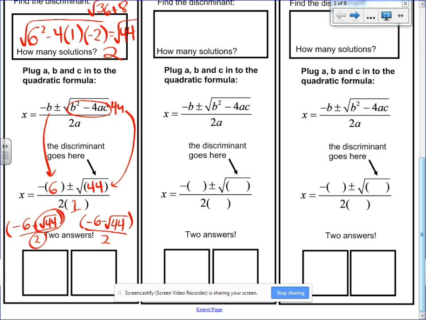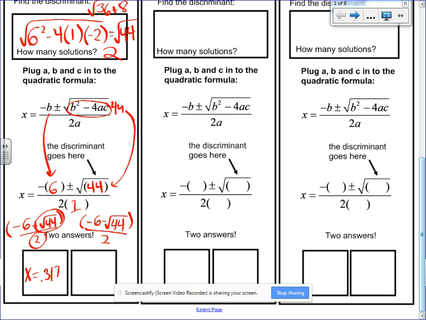So in your calculator, put parentheses, negative 6 plus the square root of 44, close your parentheses. You might have to close your parentheses twice, because when you open up a square root, it opens up a set of parentheses. So close your parentheses, and then divided by 2.